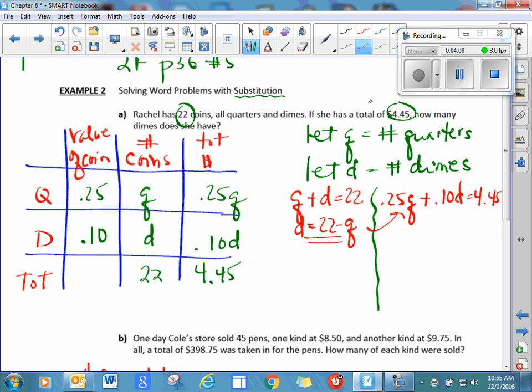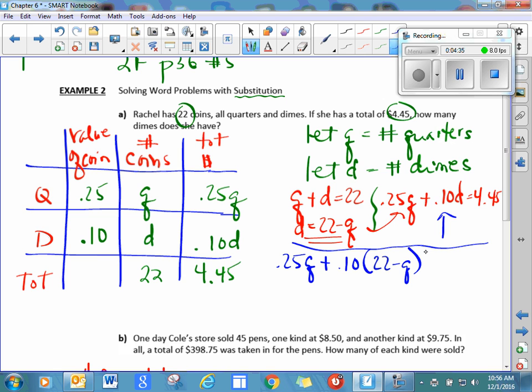So let me get the eraser so I can have a little bit more room to finish this up. I'm going to rewrite this equation right here, and instead of D, I'm going to use an equivalent expression for D, which is 22 minus Q. So I'm going to start over here, 0.25 Q plus 0.10 times (22 minus Q) equals the rest of this equation over here, which is 4.45.